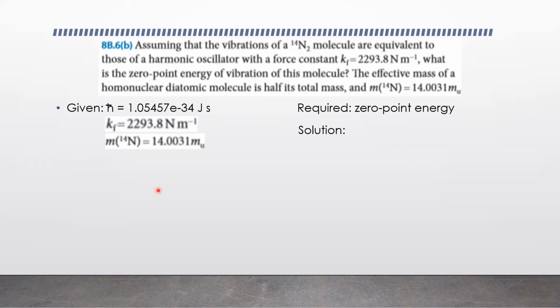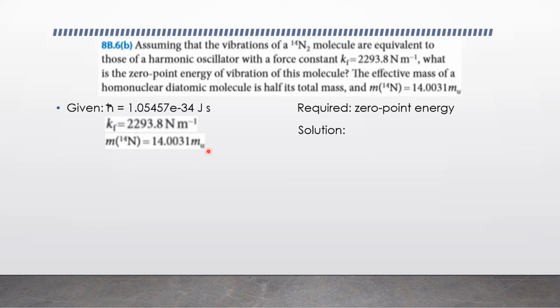So the given values in this question are the force constant, which is equal to 2293.8 Newton per meter, and the mass of one nitrogen atom, which is equal to 14.0031 atomic mass units.